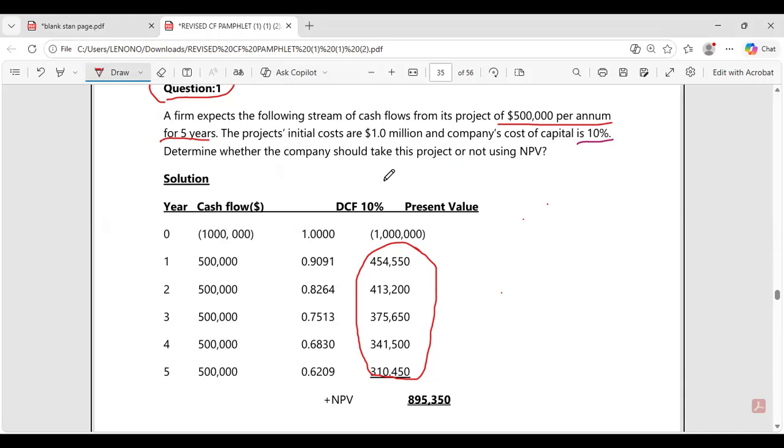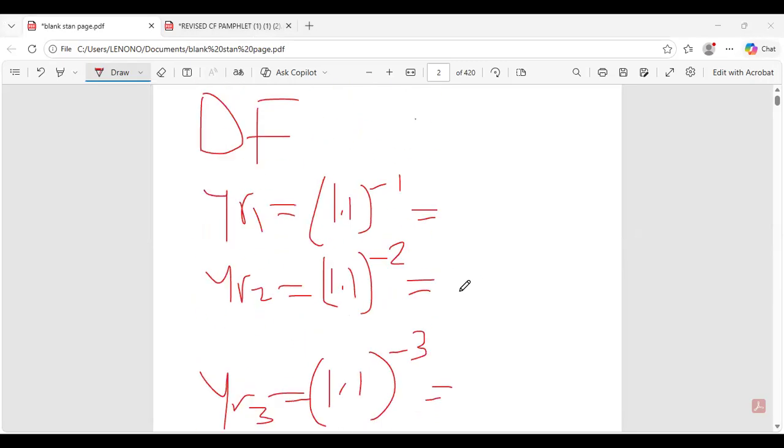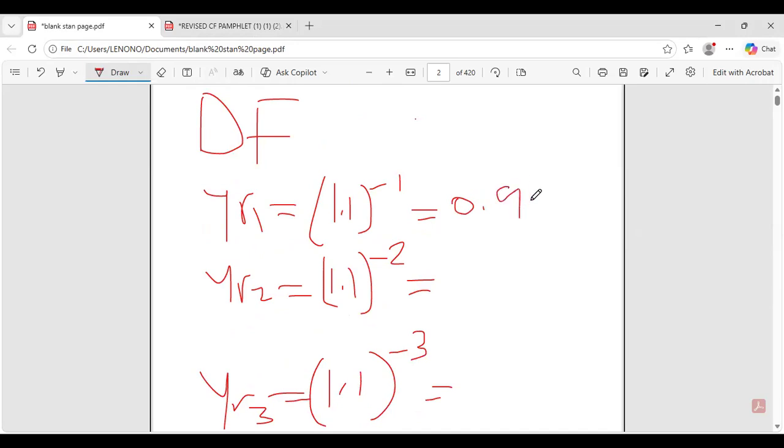How do you handle that one? You solve manually this way. You've seen all the workings that I'm doing. This is how you get the discount factor. Year one, you use 1.1 to the power negative 1 to give us 0.9091.